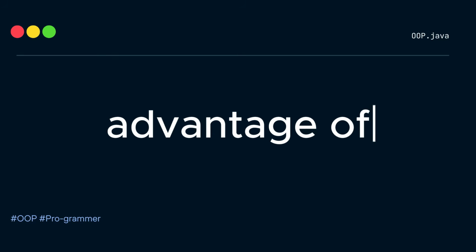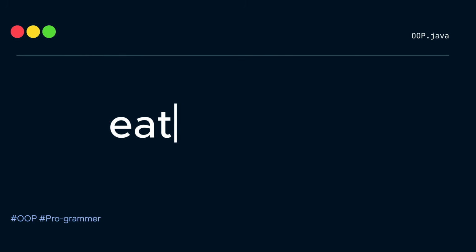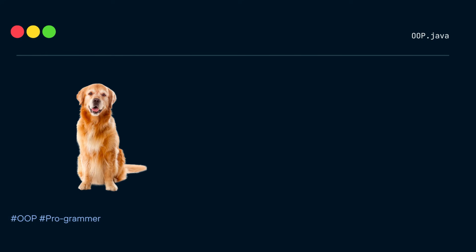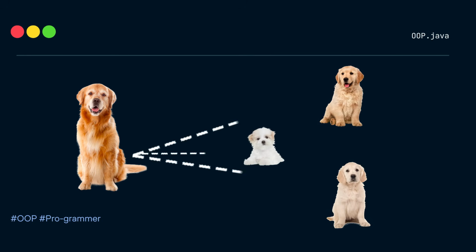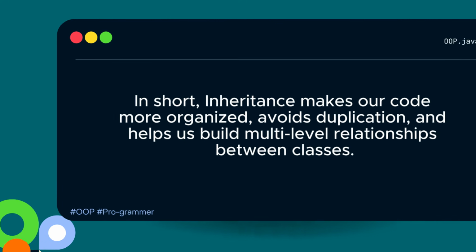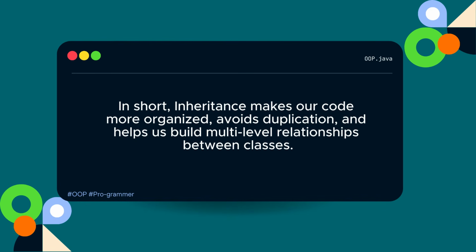The big advantage of inheritance is code reusability. We don't need to rewrite the eat method for every animal. We just define it once in the parent class, and all the child classes can use it. In short, inheritance makes our code more organized, avoids duplication, and helps us build a multi-level relationship between classes.